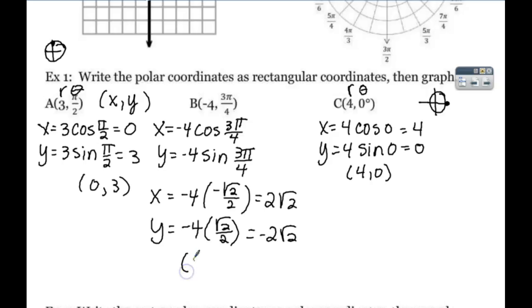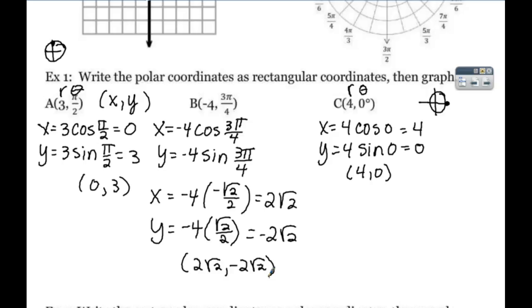So my answer is 2 square roots of 2 and negative square roots of 2. And if we graph these, they're also the same. Okay? So the rectangular and the polar are going to work the same.